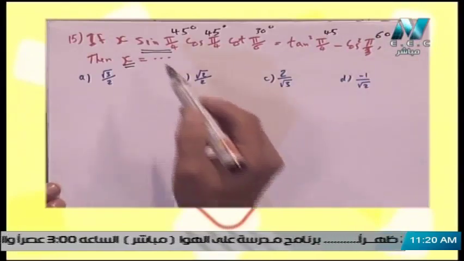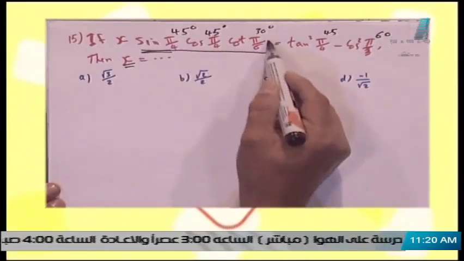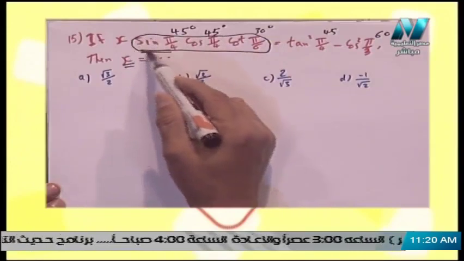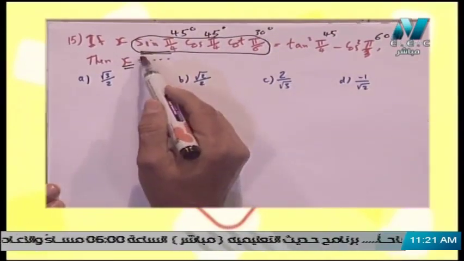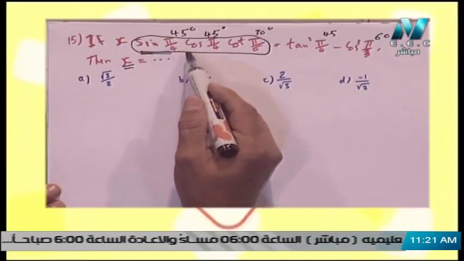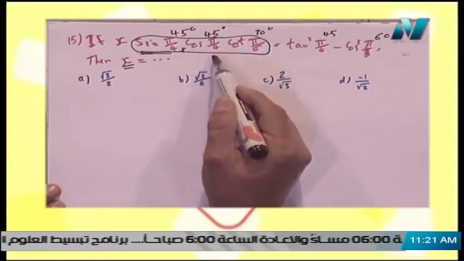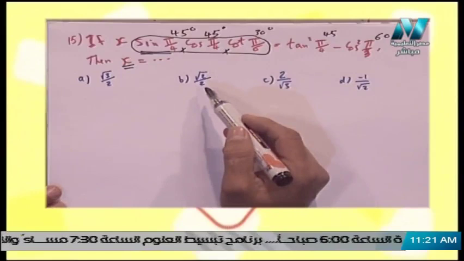Okay, by using a calculator, it doesn't matter to make more steps. You can find sine pi over 4 multiplied by cosine pi over 4 multiplied by cotan pi over 6.